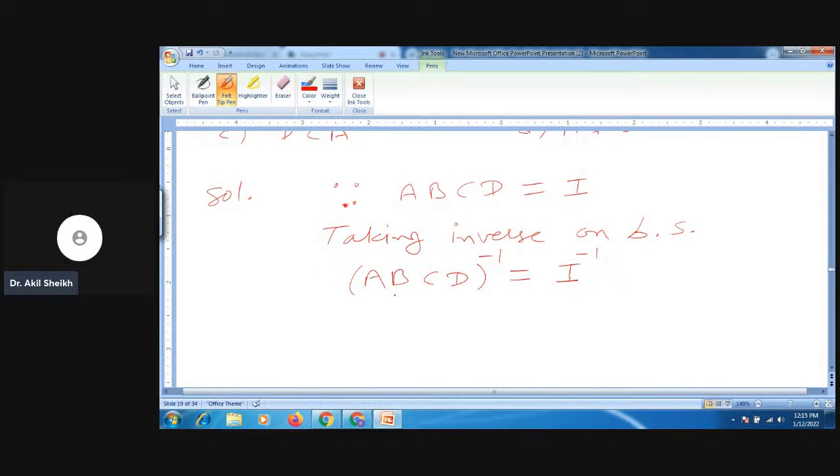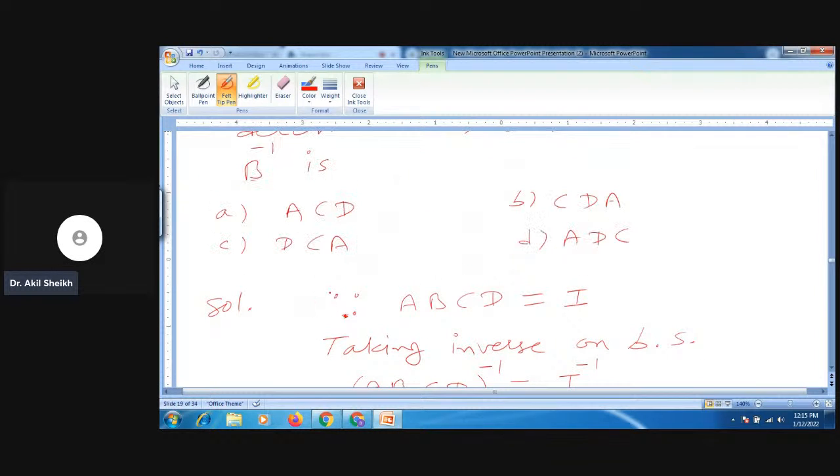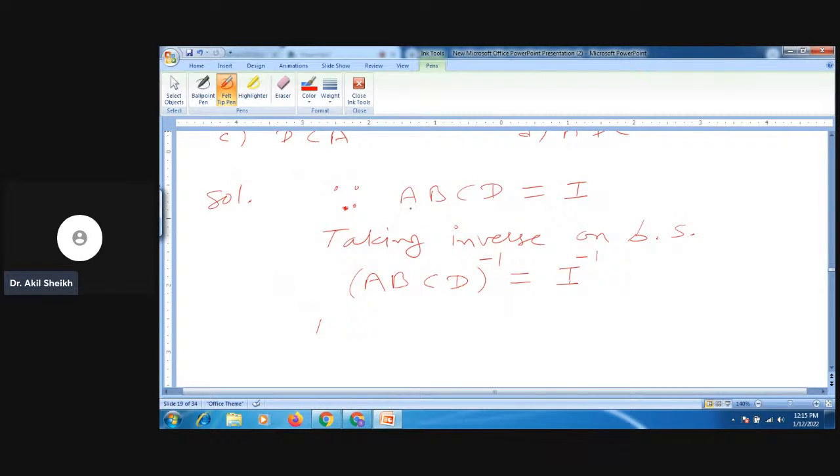In matrices, we start from the right side, from D. So it becomes D inverse, C inverse, B inverse, A inverse equals I inverse. And I inverse equals again I, because the inverse of an identity matrix is again the same matrix.